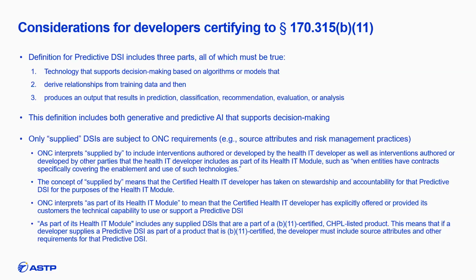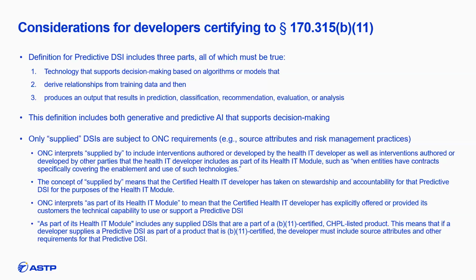Spending just a little bit more time on the (b)(11) requirement. For those of you who have been following along, we've put out a number of resources and have done a number of webinars where we've really highlighted the obligation for developers to indicate whether they do or do not supply predictive DSI by going through and really understanding the definition.